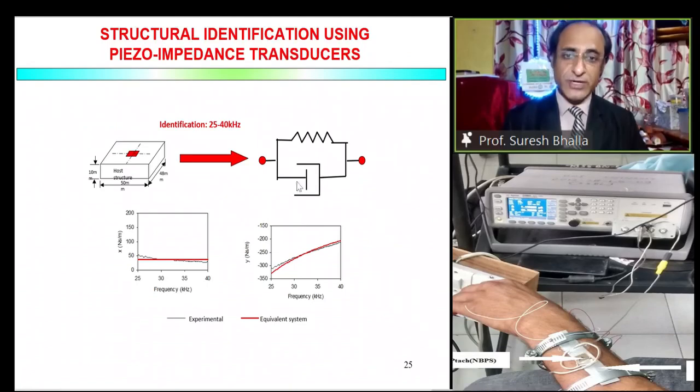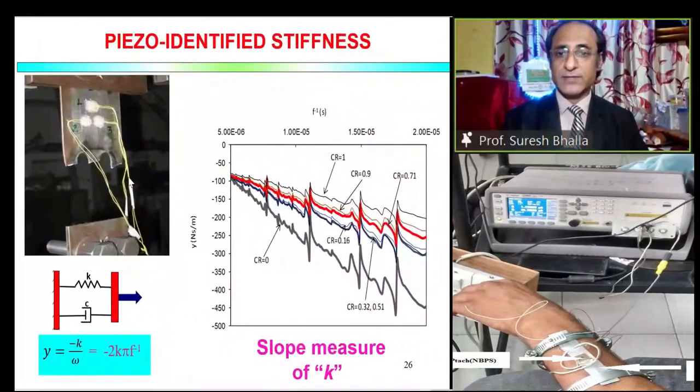Of course, I am not going into the mathematics part, just in essence this is how we do. And this is for the case of steel joint which we were testing, and here the system is identified like this, and the identified parameter stiffness, it shows sensitivity to the damage.